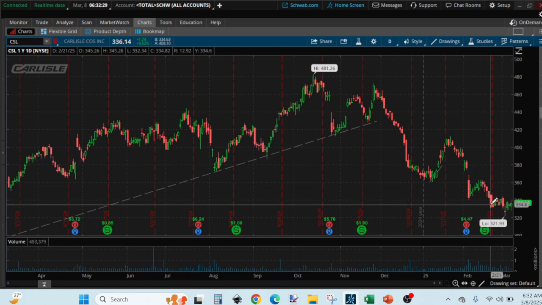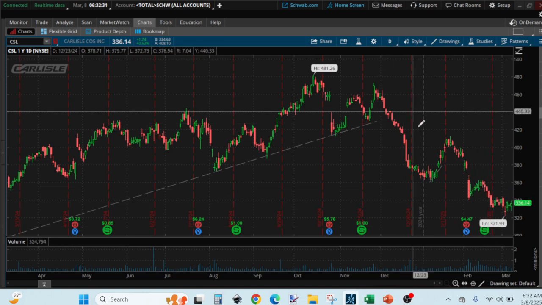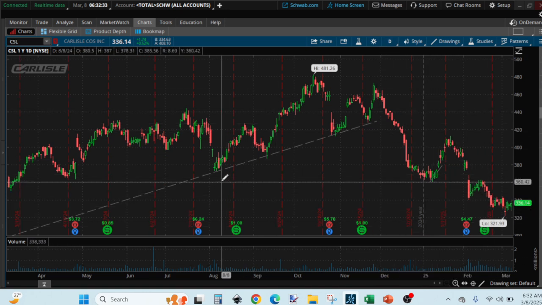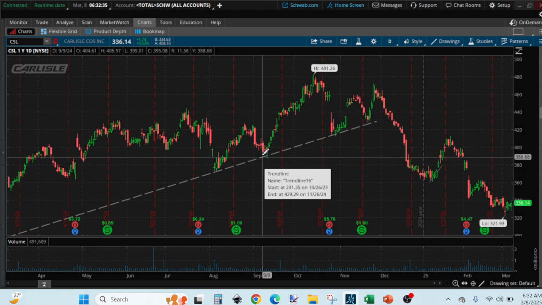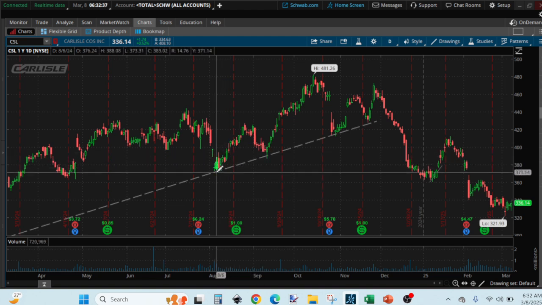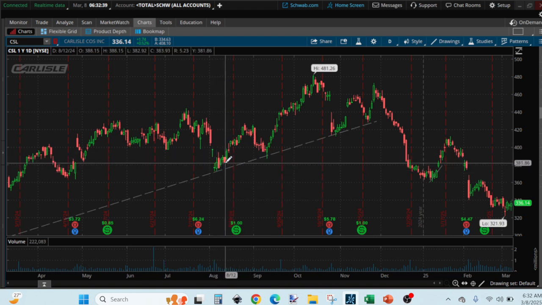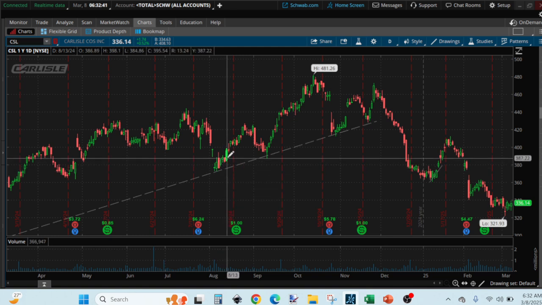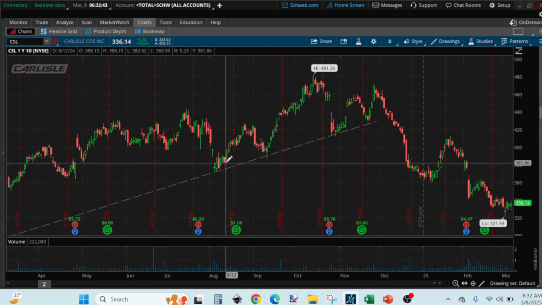It's going down. When it starts making higher lows, this low is higher than this one. This low is higher than this one. This low is higher than this one.